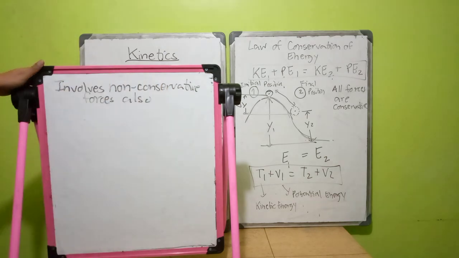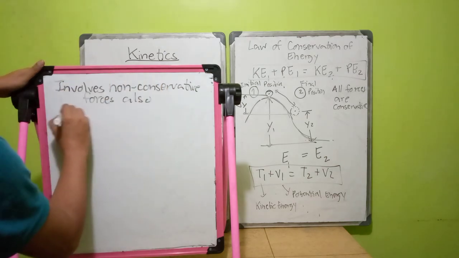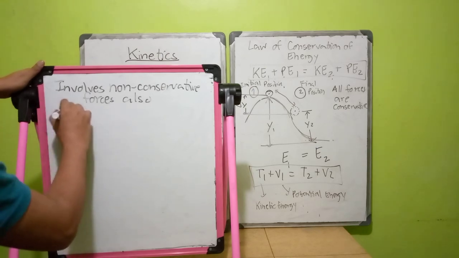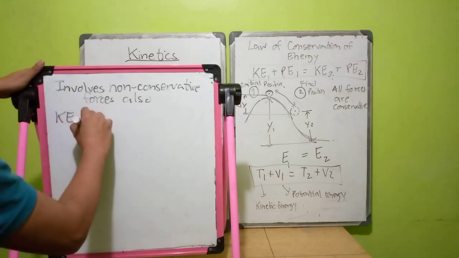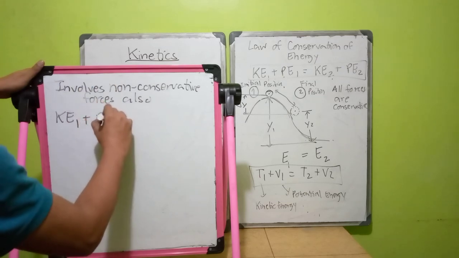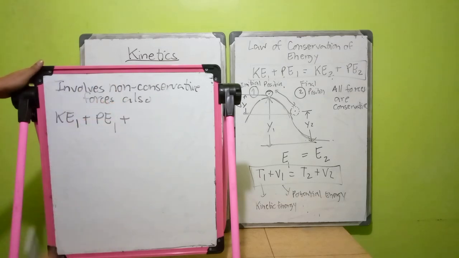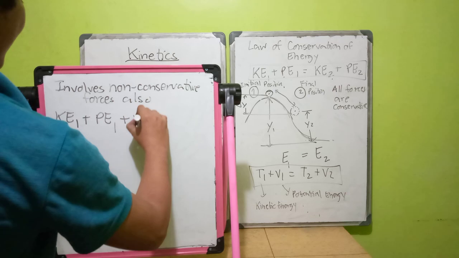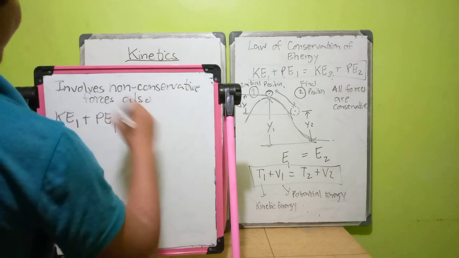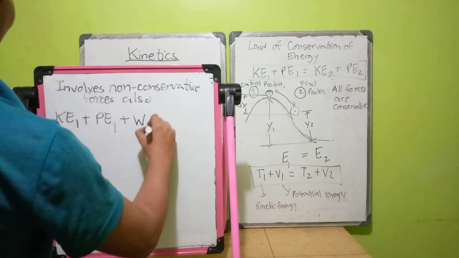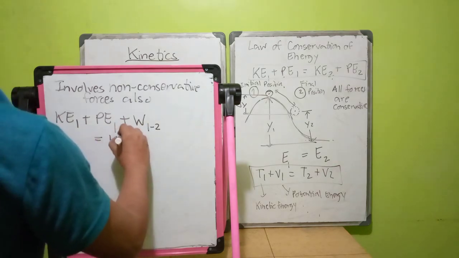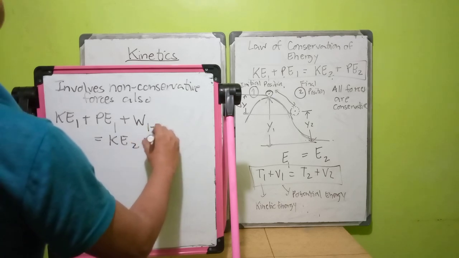If that is the case, you can write an equation like KE at 1 plus PE 1 plus, since there are non-conservative forces, there is a work involved: the work of the non-conservative forces relative to the path taken, from 1 to 2, is equivalent to KE sub 2 plus PE sub 2.